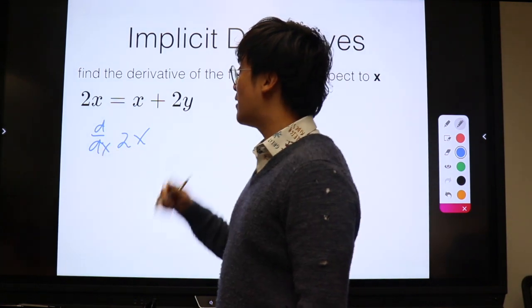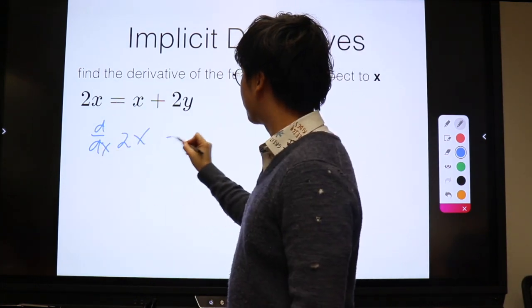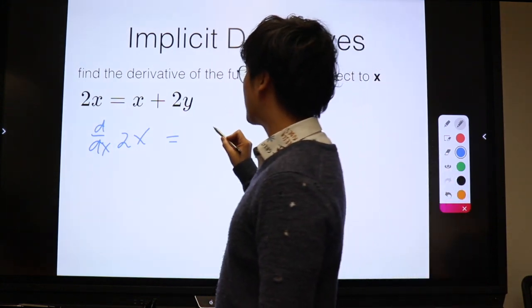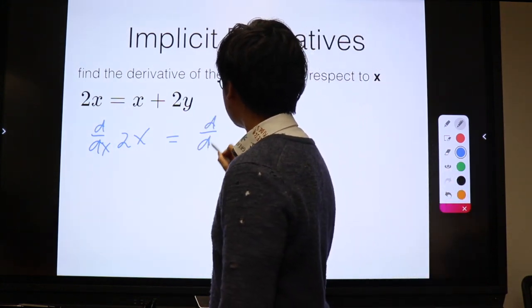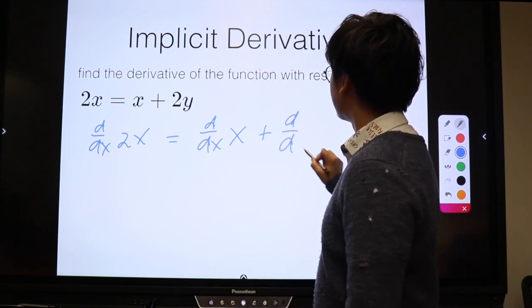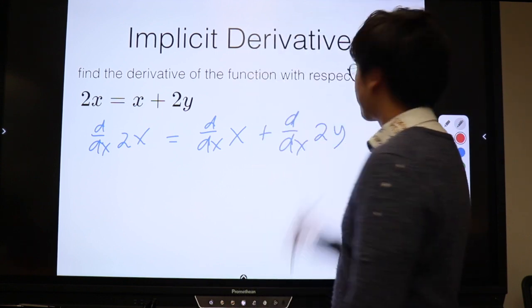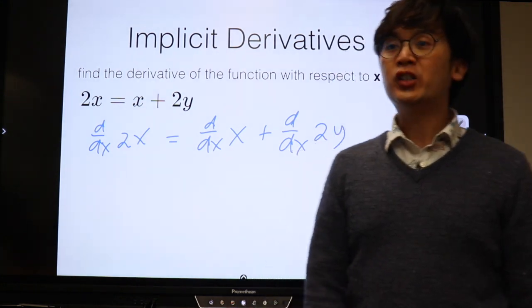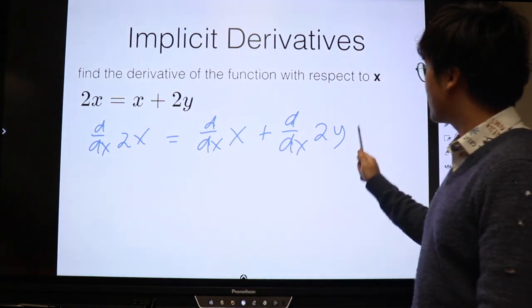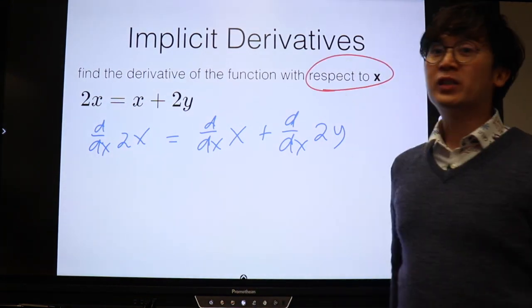So we have three terms here that we can differentiate with respect to x: d/dx of 2x, d/dx of x, plus d/dx of 2y. We are taking the derivative of 2x, the derivative of x, and the derivative of 2y with respect to x.